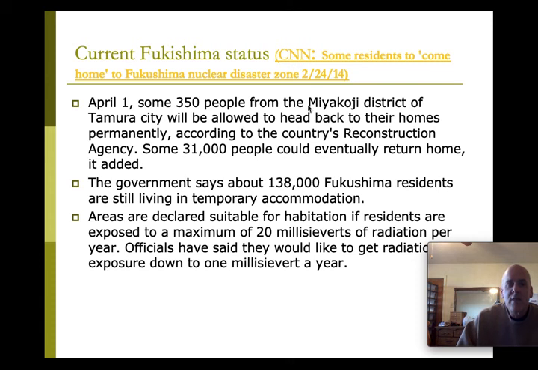And in 2014, about 138,000 Fukushima residents were still living in temporary accommodations. They've declared the areas habitable if they've got no more than 20 millisieverts of radiation per year, and they would like to get it down to 1 millisievert a year.